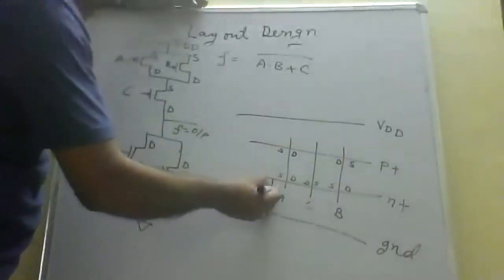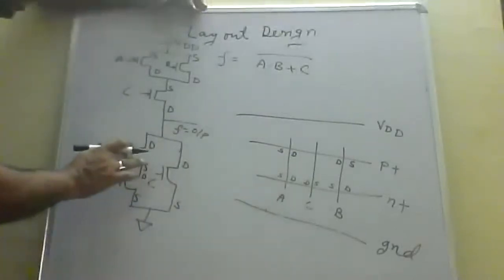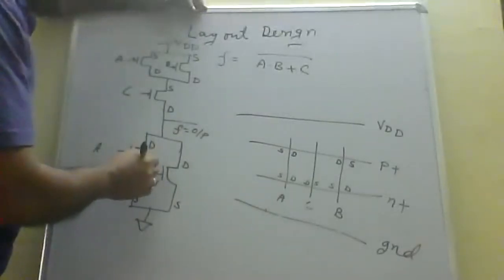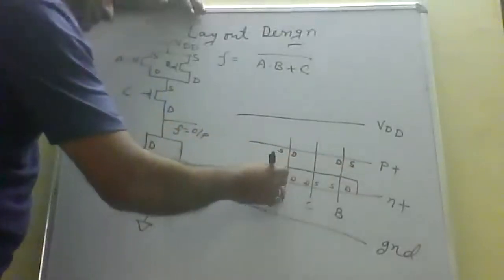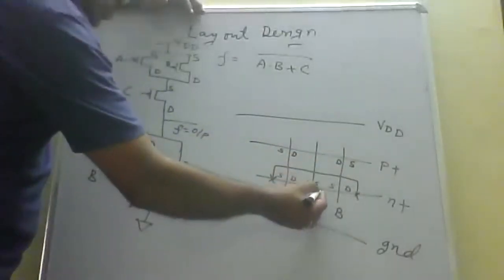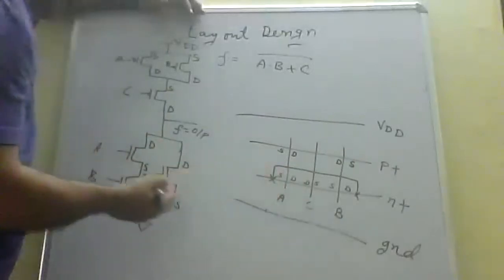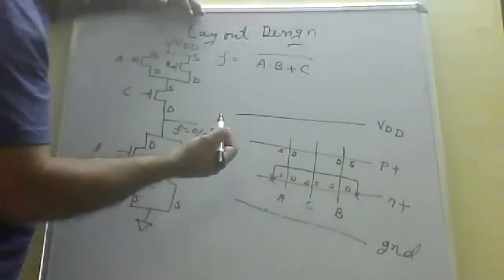Now if I connect here, A is not connected to this. The source of A is connected to the drain of B. So here it is connected. And the drain of A is connected to the output.